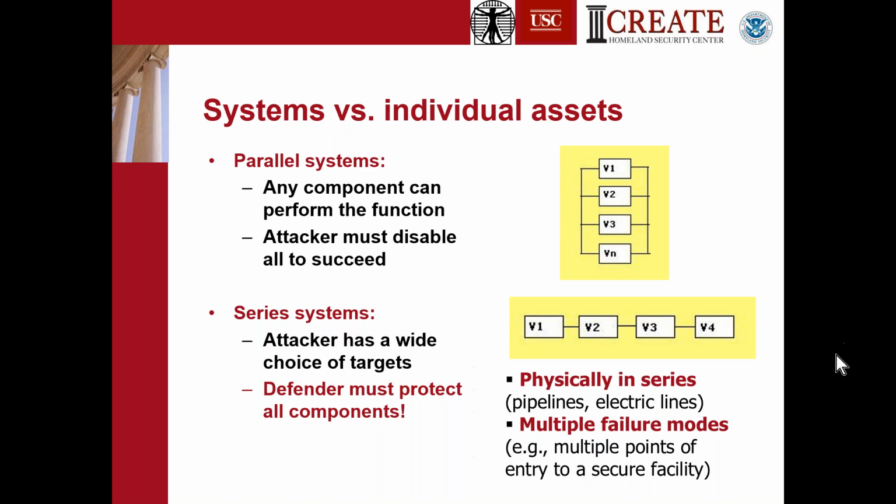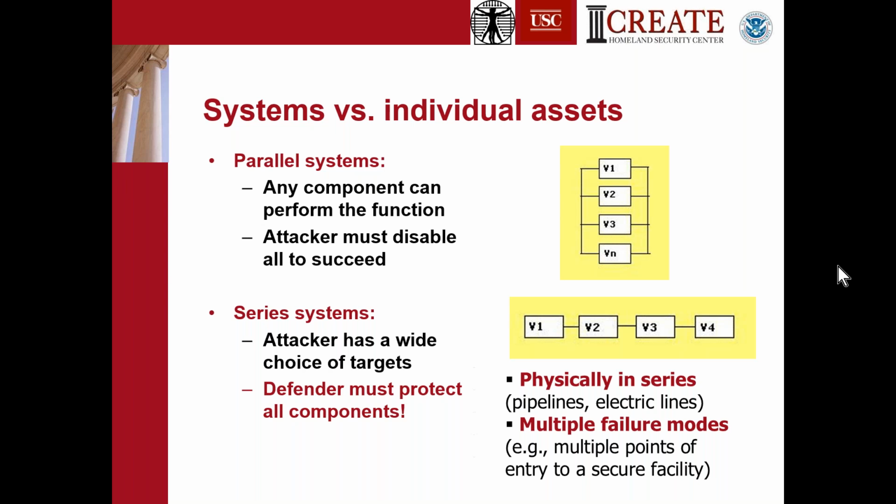Even more serious, though, is that any system with multiple failure modes is conceptually in series, even if it isn't physically laid out in a long line. So, for example, if there are multiple points of entry to an airport or some other secure facility, again, the bad guy only needs to find one point of entry that they can take advantage of, and the defender has to protect all the points of entry.